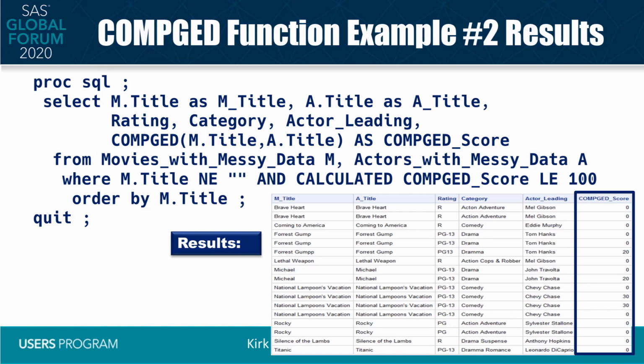If we don't specify the calculated keyword prior to the COMPGED score, the value will not be available in our where. So the calculated allows us to take advantage of derived values. And in this case, less than or equal to 100, we now have more likely matches here between the movie titles and the actors' titles.